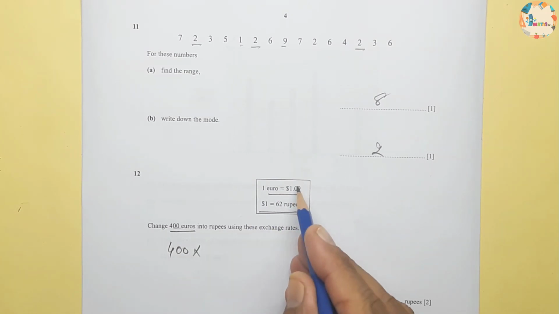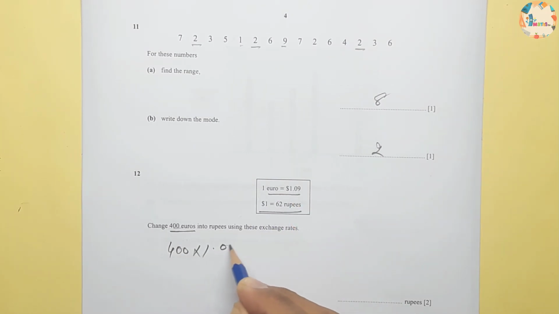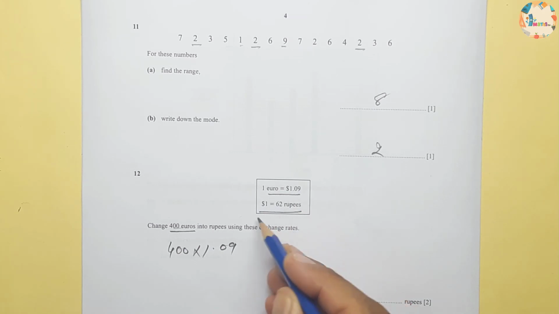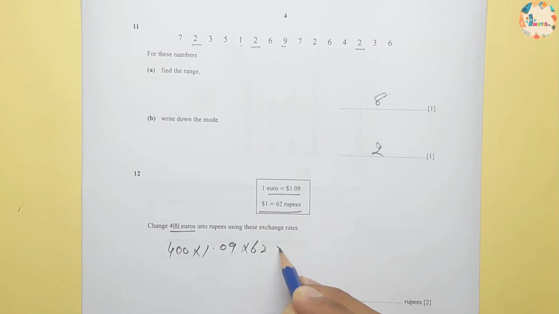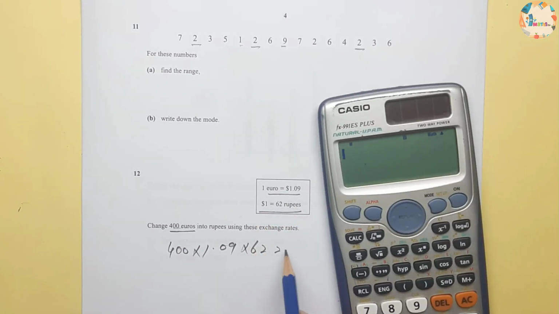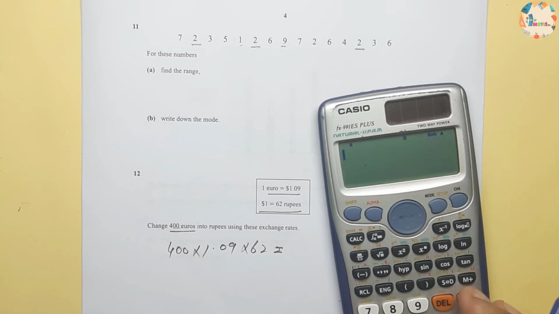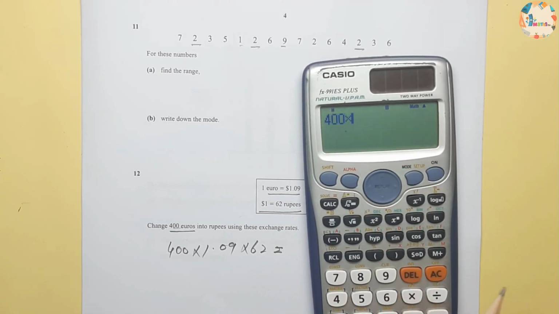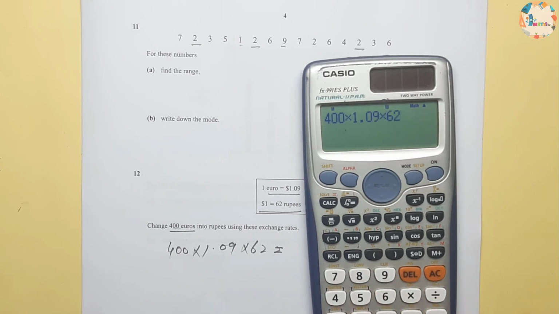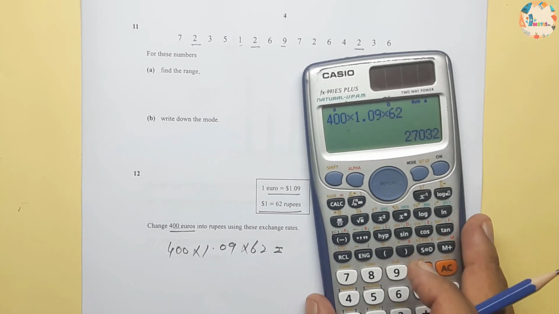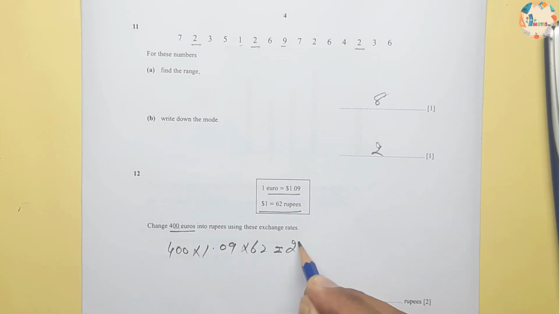Euro into dollar is with this conversion ratio 1.09, and then dollars to rupees multiply by 62, and this will be equal to 400 multiplied by 1.09 and multiplied by 62. This will be equal to 27032. This will be our answer, and the answer at the proper place will be this one.